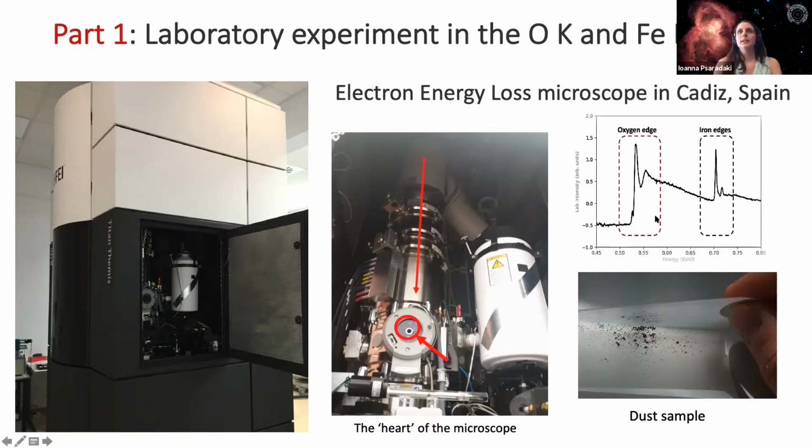And you can see here a raw laboratory spectrum in the oxygen K and iron edges.